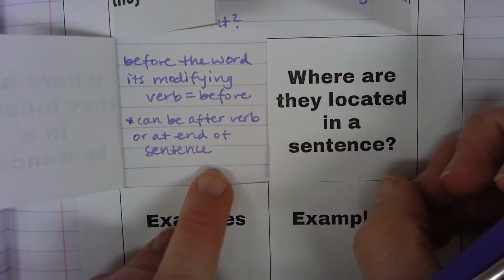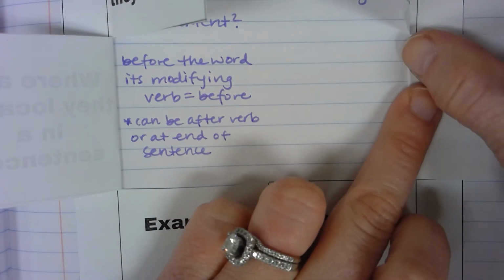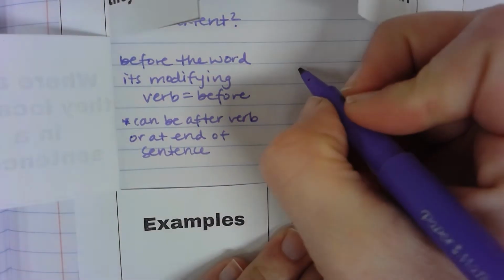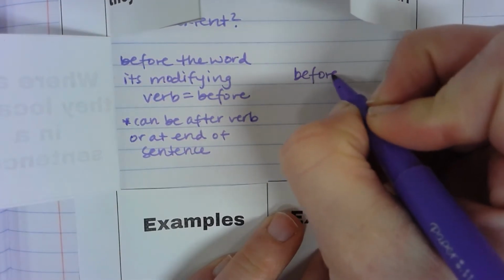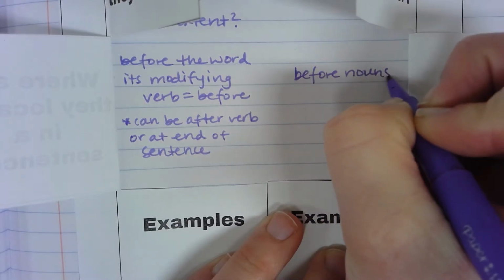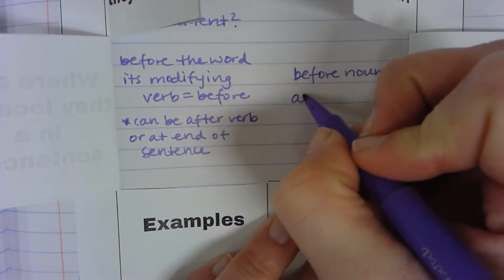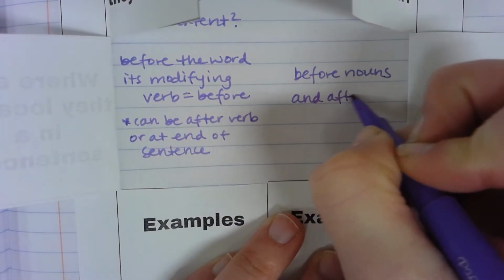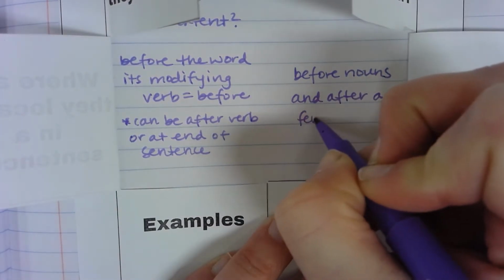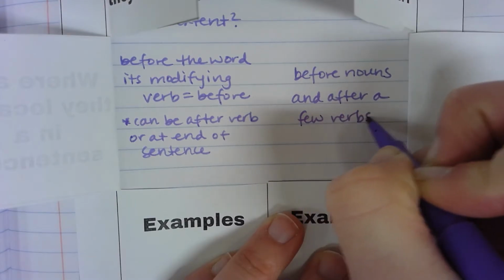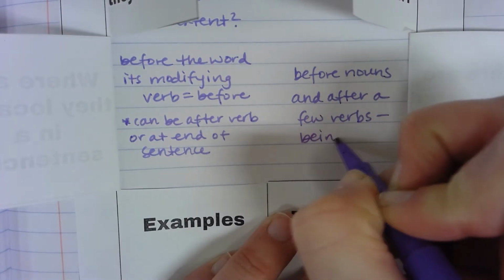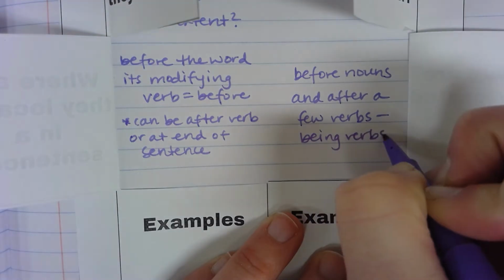Now, adjectives in the sentence are located before nouns and after a few verbs. Being verbs is what that means.